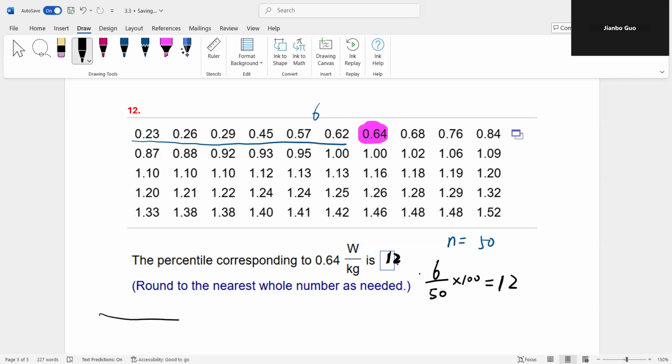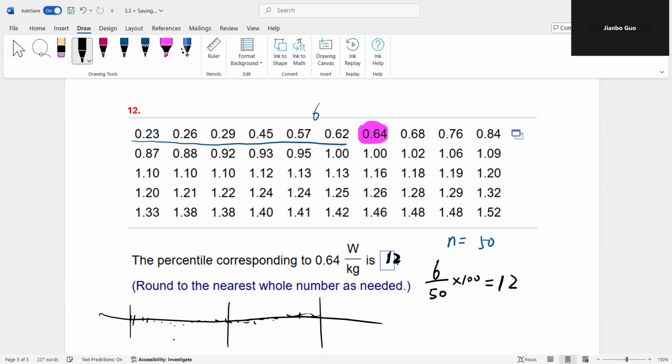How do we understand the concept of percentile? If you have a data set, you put the values on the real number line. If you divide those values into 100 groups, instead of dividing them into 4 groups to find the 3 quartiles, we divide them into 100 equal or approximately equal groups.